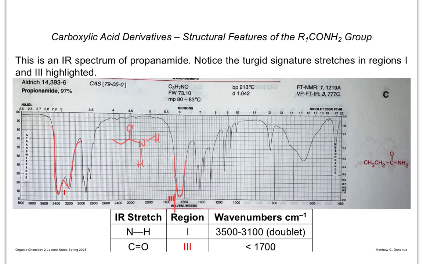So you see that below 1700. So what would change in this part when you go to a secondary amide, which only has one NH? You're not going to see that doublet looking thing. A tertiary amide has no NHs, so this is completely gone. But your carbonyl is still below 1700.